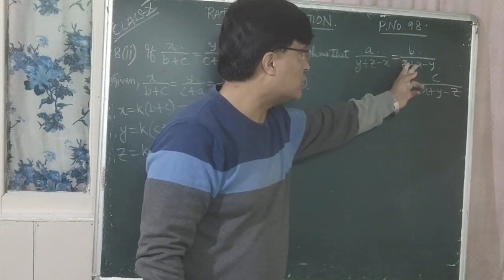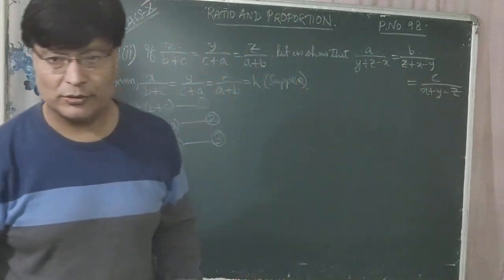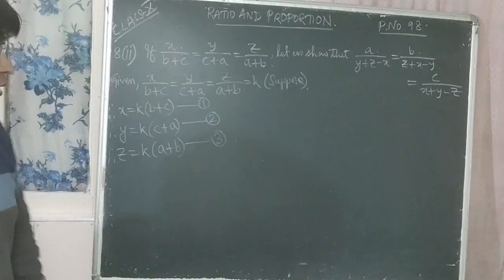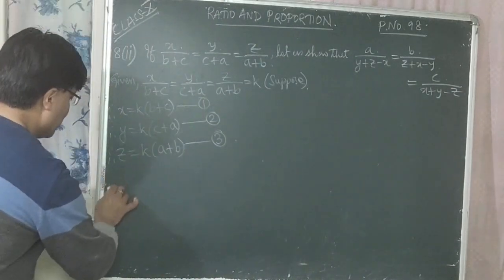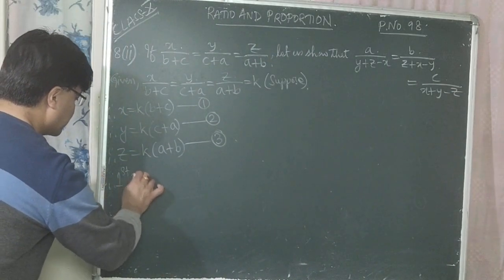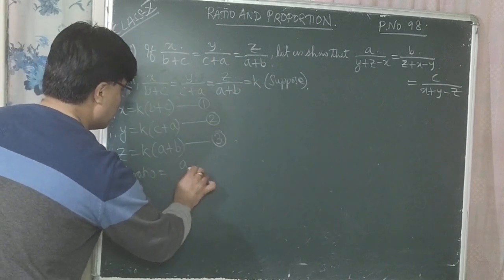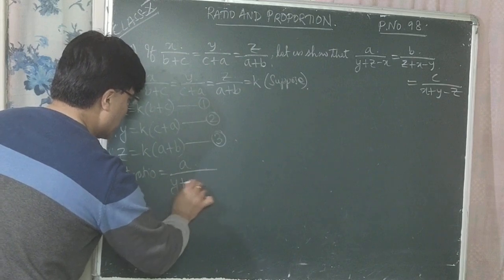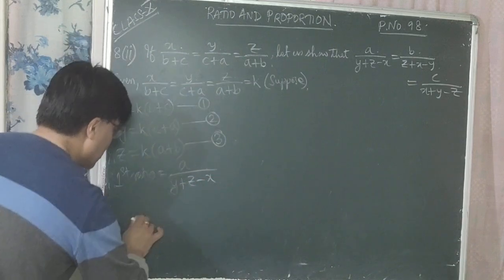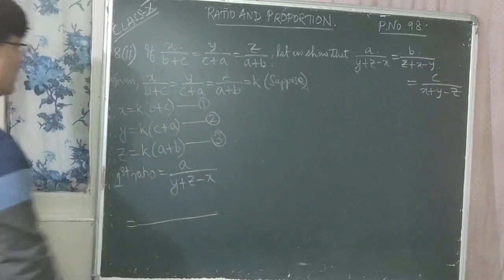So let us prove this. First ratio is equal to second ratio is equal to third ratio. Let us find out its value individually. Okay. So therefore first ratio. So what is the first ratio in this case? A upon y plus z minus x, right? So is equal to.